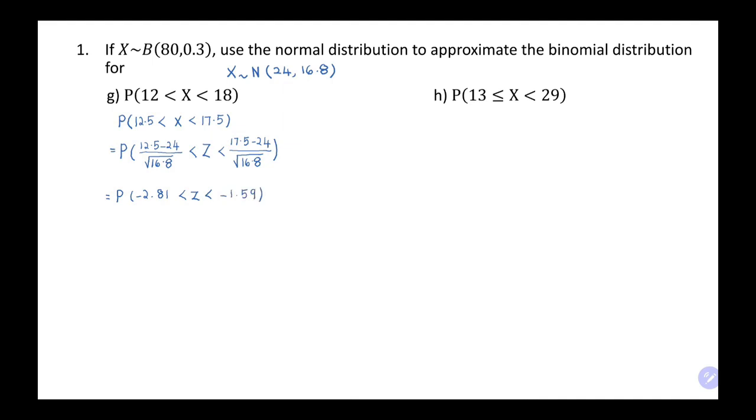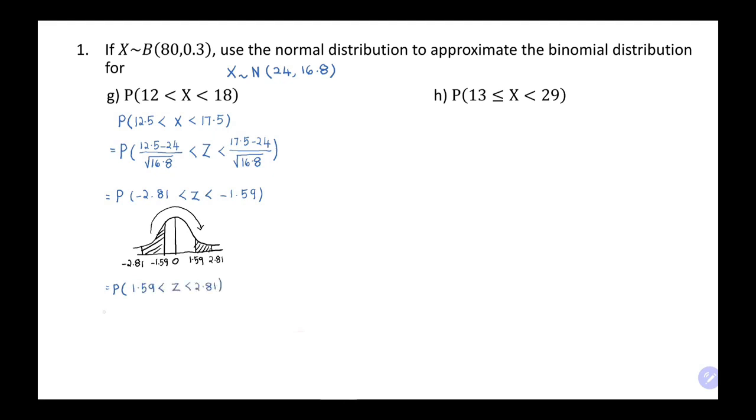Then we check the area. We have negative 2.81 and negative 1.59. So this area, and we know that this area is the same as this area, 1.59 and 2.81. So this area.